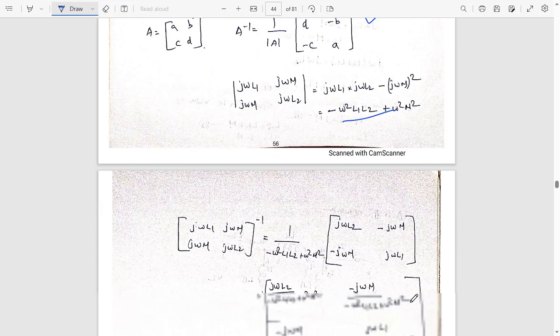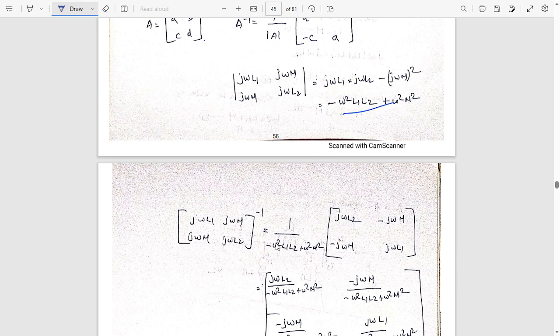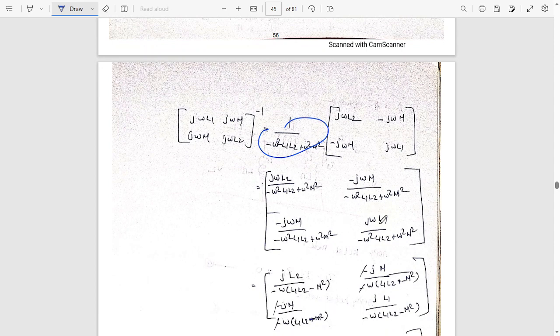Now take this value inside, and I will write the equation like this.